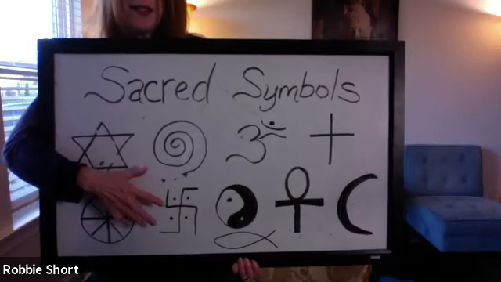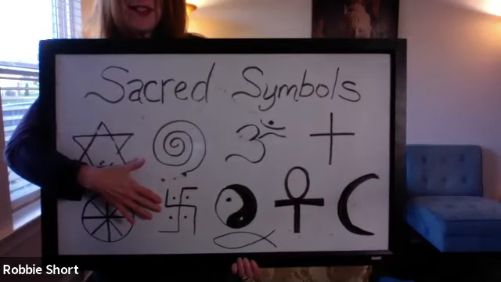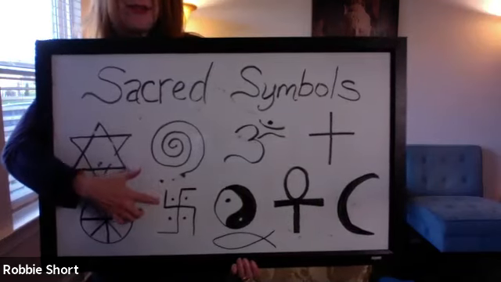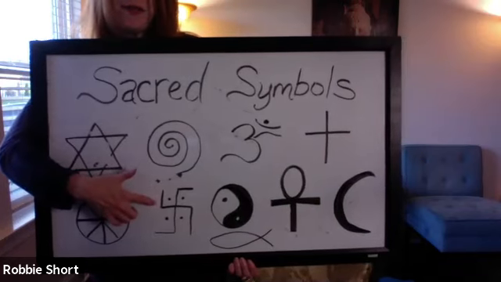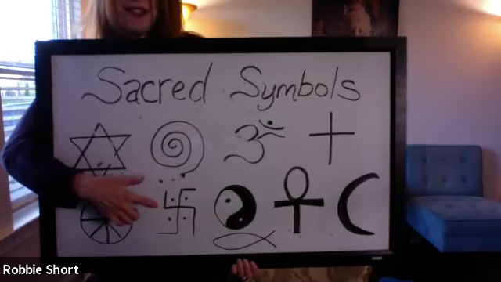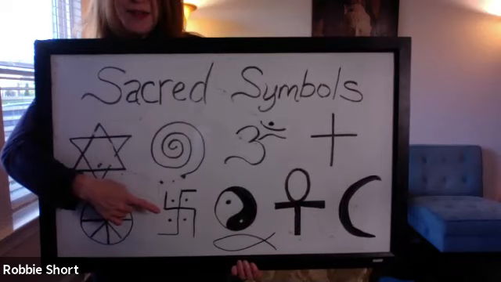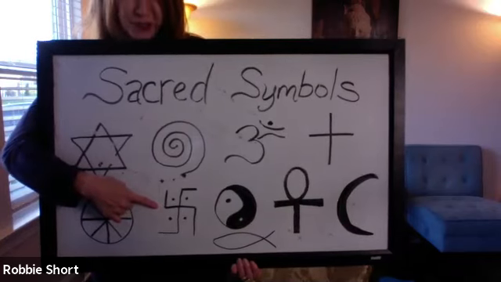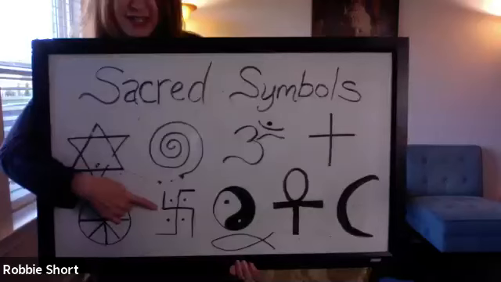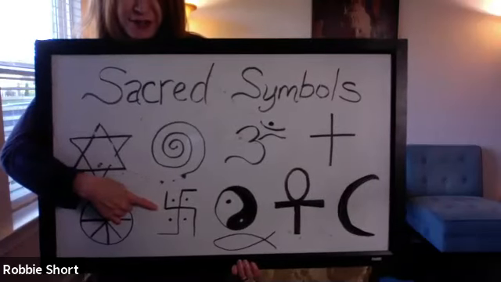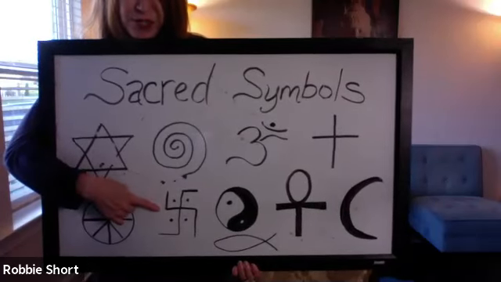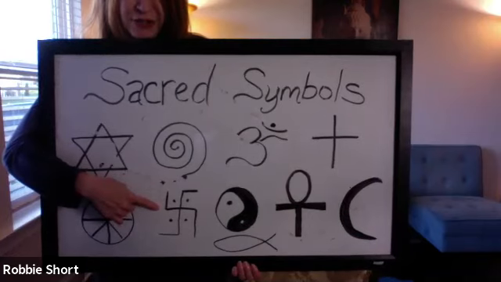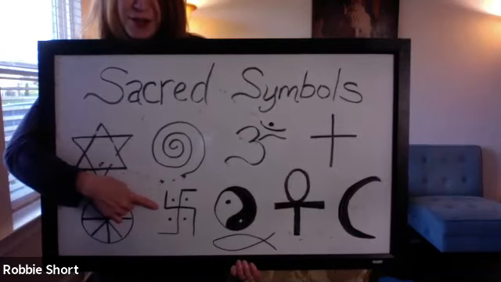Move over to the swastika. Don't be concerned or nervous about this symbol. This is different than the Nazi form of the swastika, and the swastika predates Nazi Germany. This was a sacred symbol that had already been around, and the one that I drew here represents life, love, and prosperity.